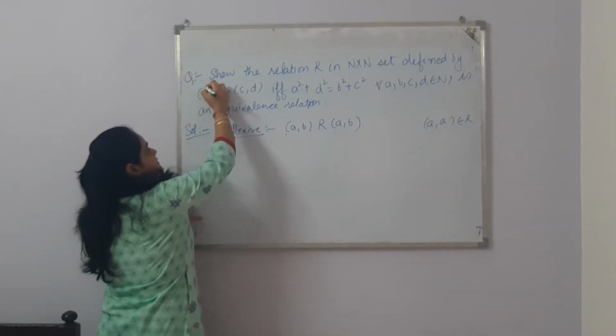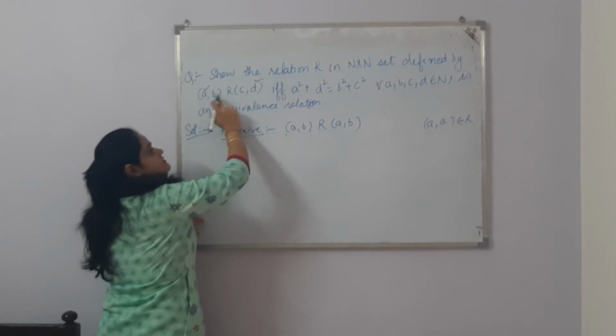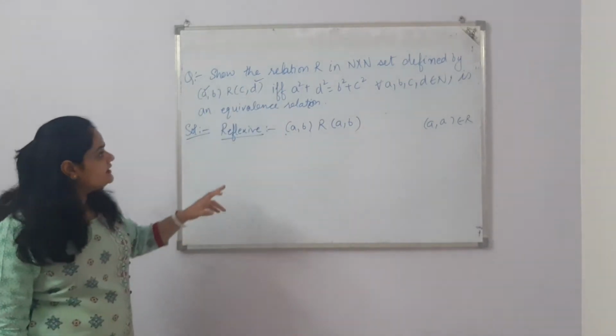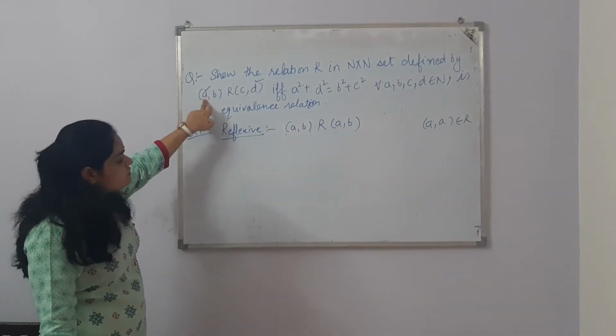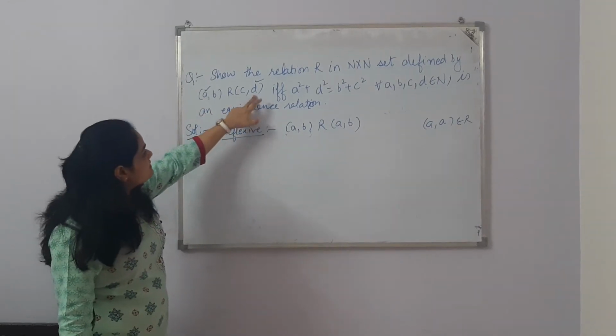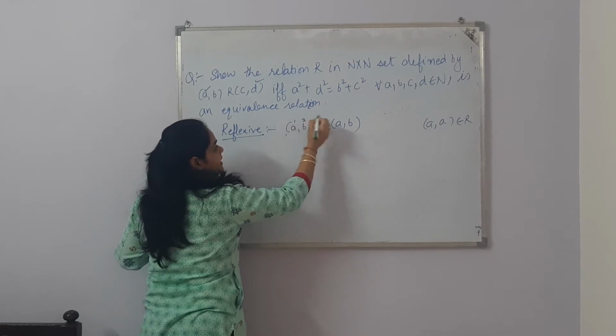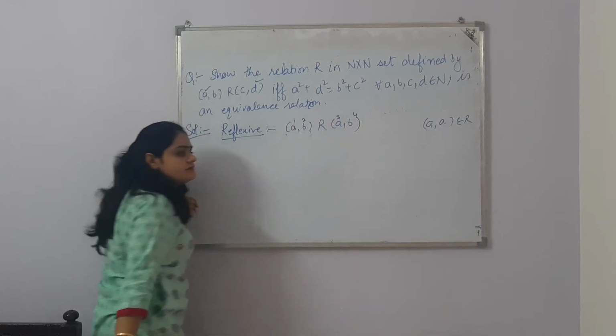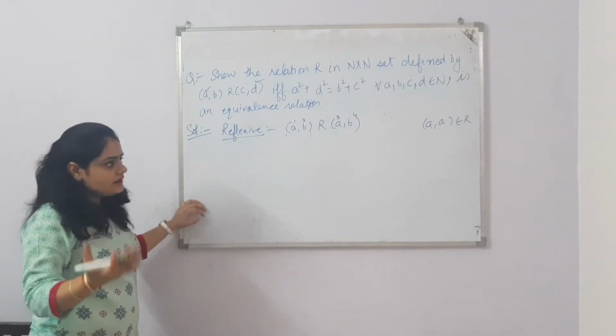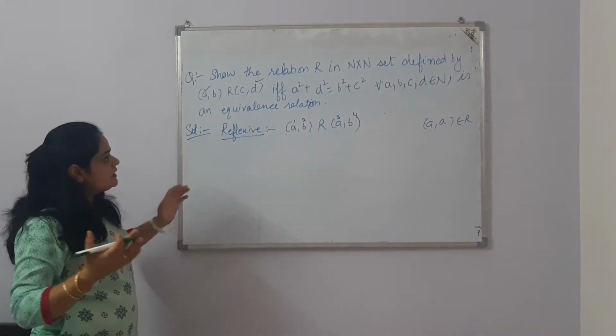You can check: A is related with D, the first and last one's squares added. I am numbering them so it becomes easy for you to check.